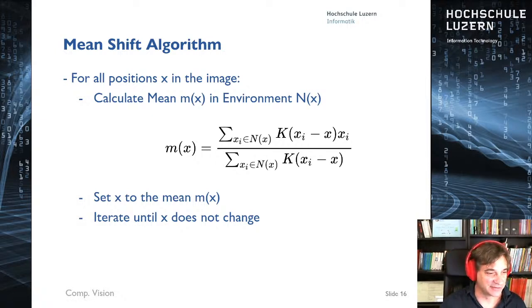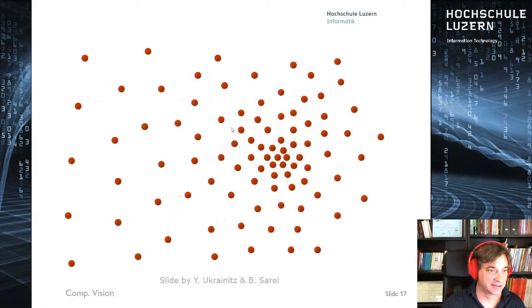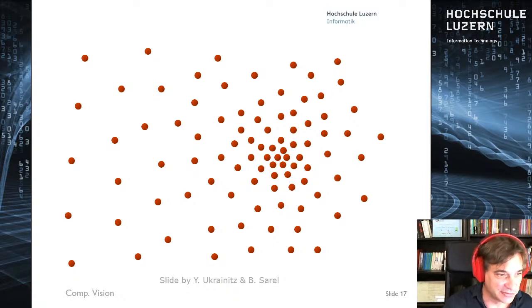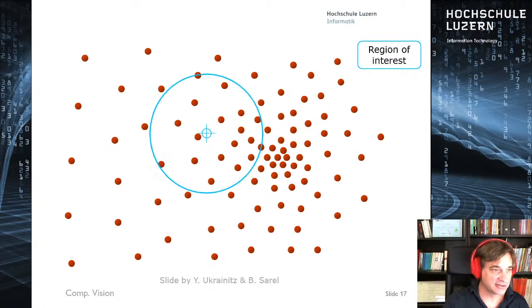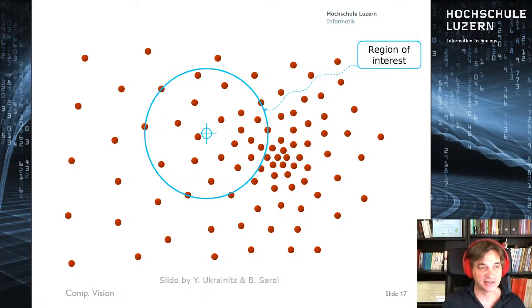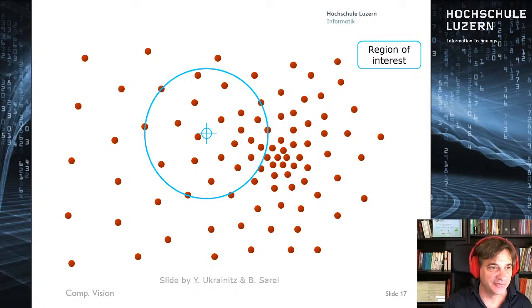It's kind of similar to k-means clustering, and we do this for all positions in the image, respectively in the feature space of the image that we look at. So here is an example of that. Here that would be our feature space, maybe a two-dimensional color space or something, and we would just start at one position. Then we look at some neighborhood of this position and calculate the mean value.